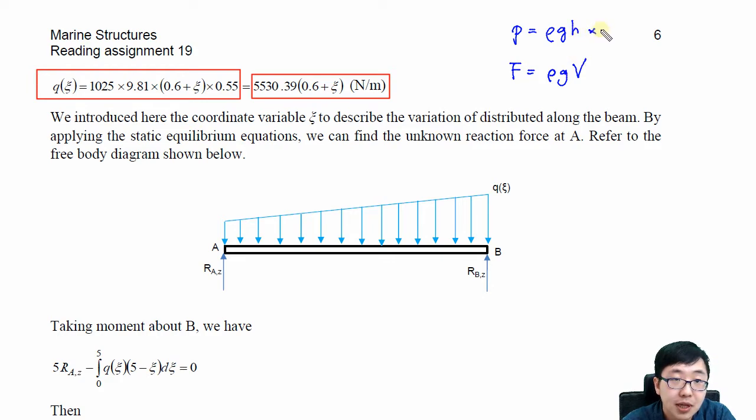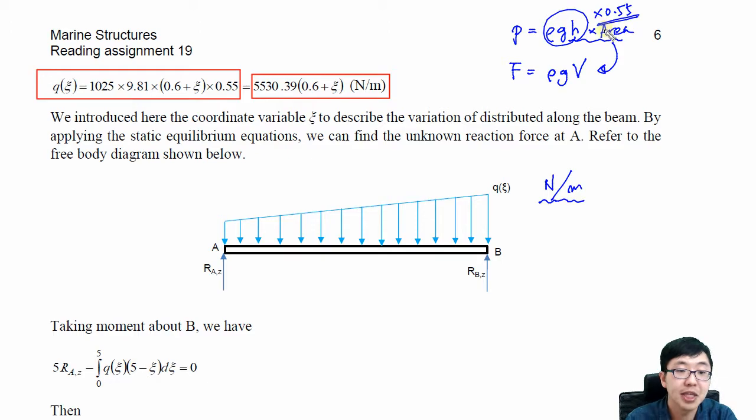So if you multiply the area here, that will be converted to rho g V. But in here, this is distributed load, meaning that, for example, Newton per length meter or Newton per millimeter. So what we need is this unit, so we need to multiply the lateral pressure equation by the length 0.55 or 550 millimeter. That's why from the beginning they have provided this information, so don't be confused.